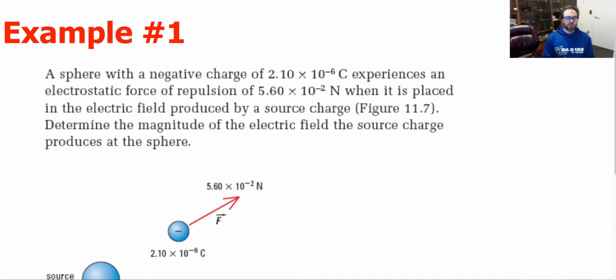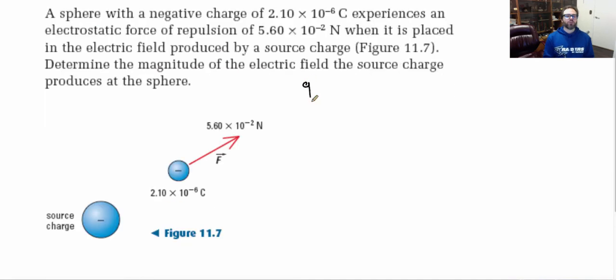So to start off here, I know that my charge is 2.1 times 10 to the negative 6 coulombs. We know my force is equal to 5.6 times 10 to the negative 2 newtons. And we're trying to figure out what is my electric field.